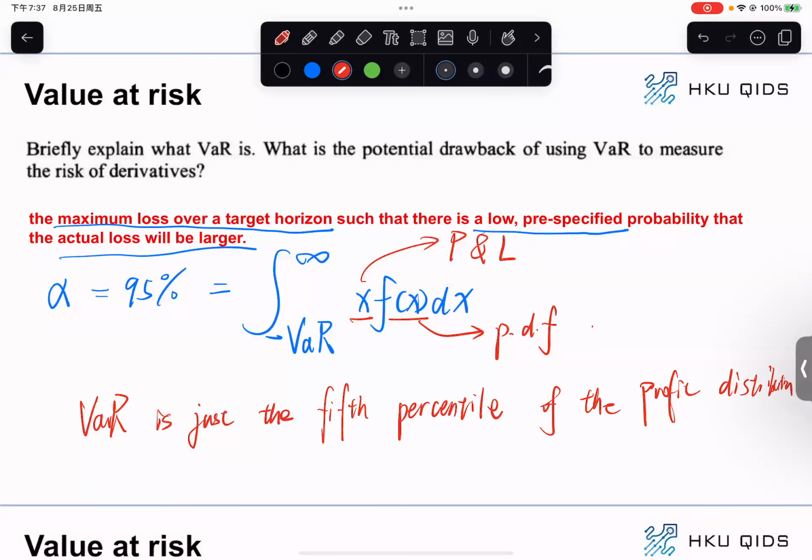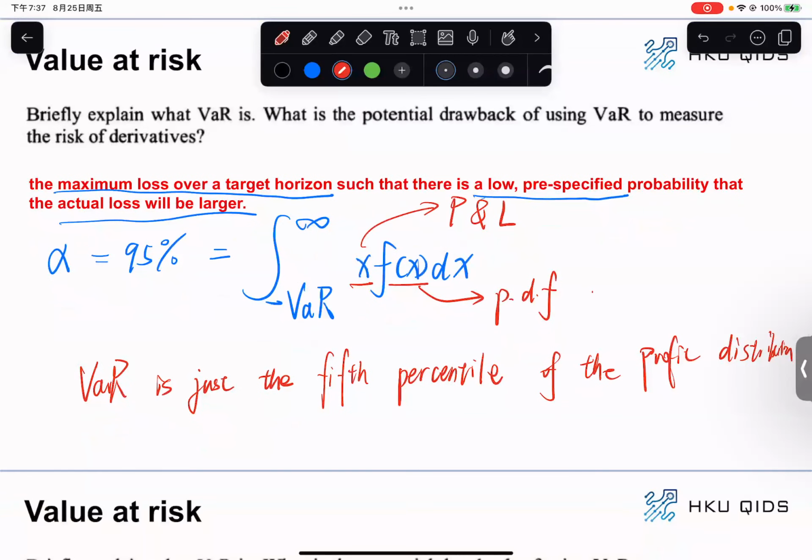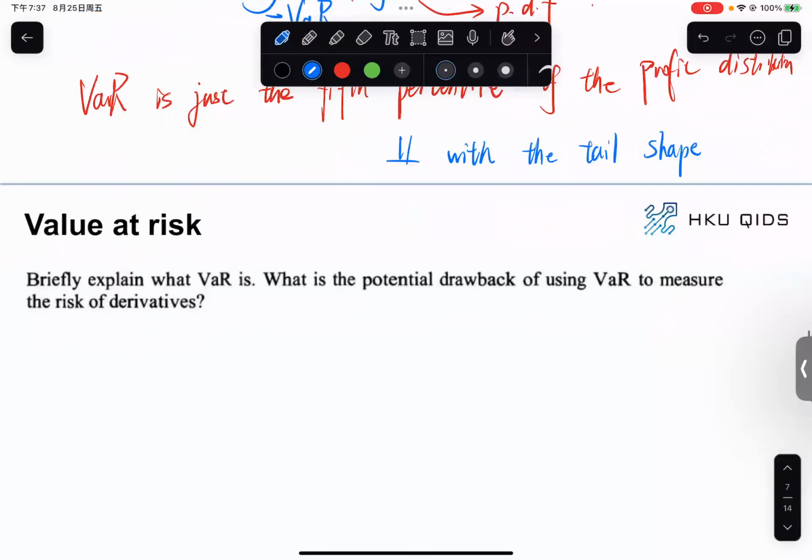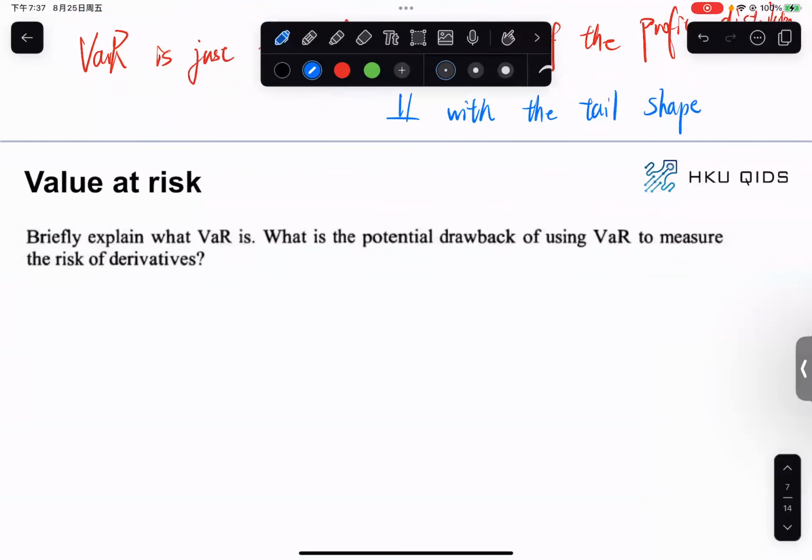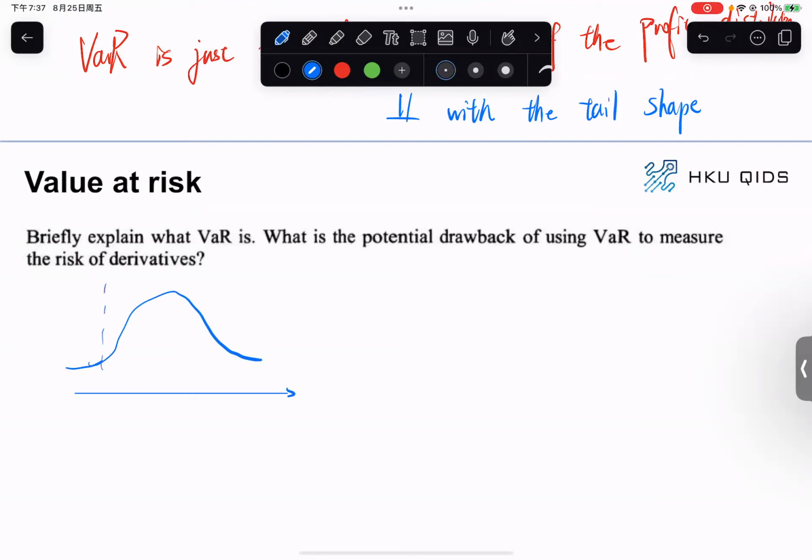And what is good and also bad for percentile is that it is independent of the tail shape. What does it mean? It means that if we have a normal distribution, we can have our fifth percentile here.